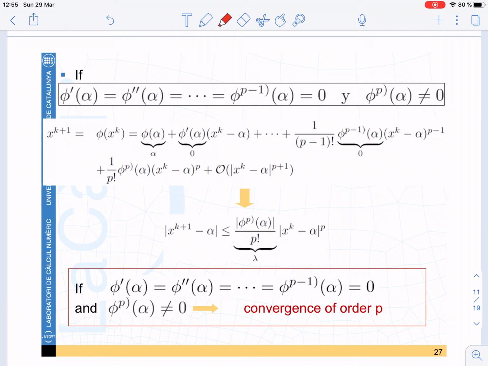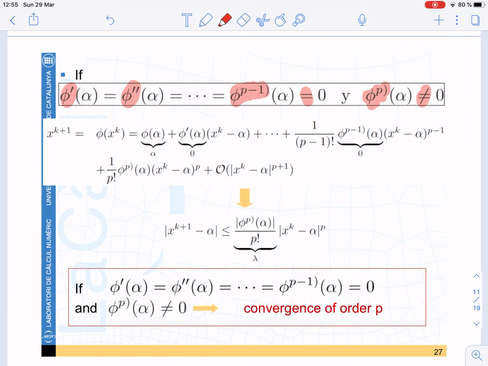Consider now a more general case where phi prime, phi second derivative, and up to derivative p minus 1 are 0 at alpha, whereas phi p derivative of alpha is different from 0.